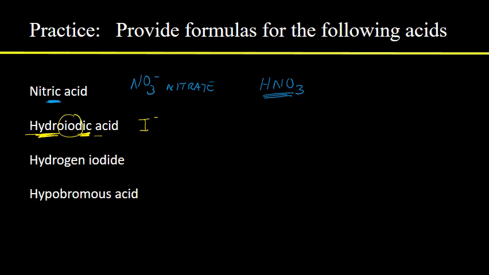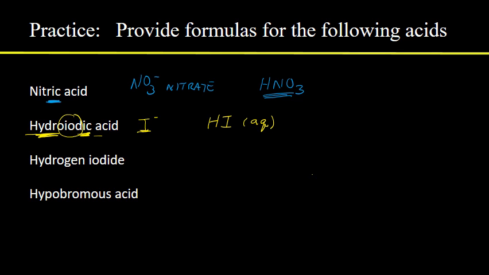Iodide is -1, so if we want to form an acid for that, we have to add enough hydrogens to balance out that charge. Since iodide is -1, we have to add 1 hydrogen to that. So that's our formula for hydroiodic acid. And because it's a binary acid, we ought to include the state here to indicate that that's dissolved in water.